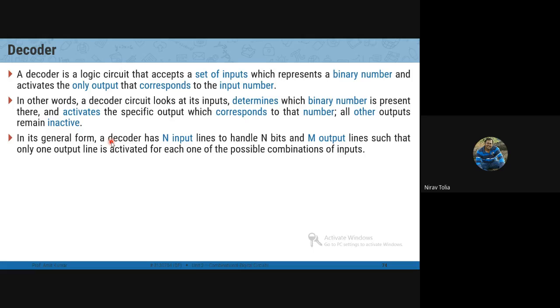In a general form, a decoder has n input lines and m output lines.